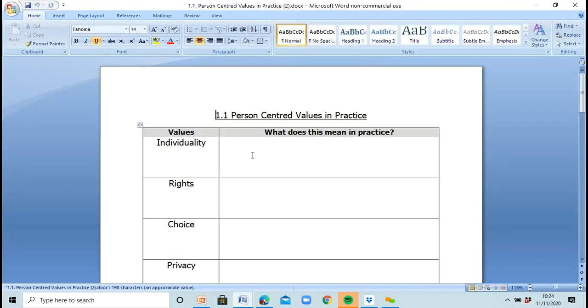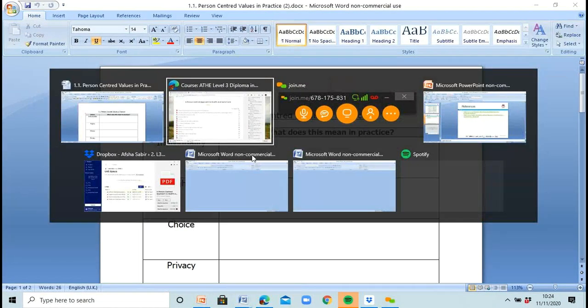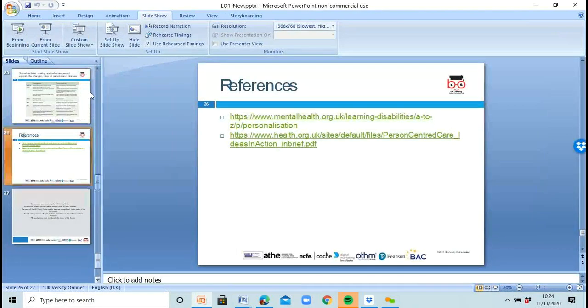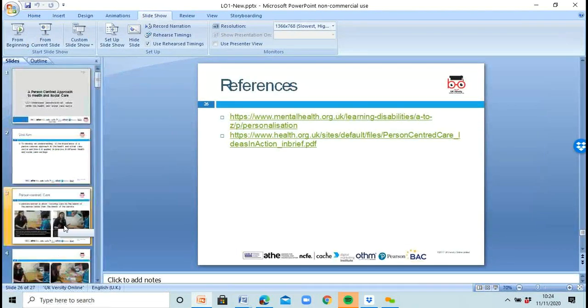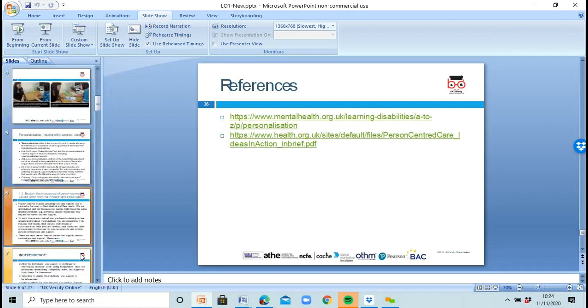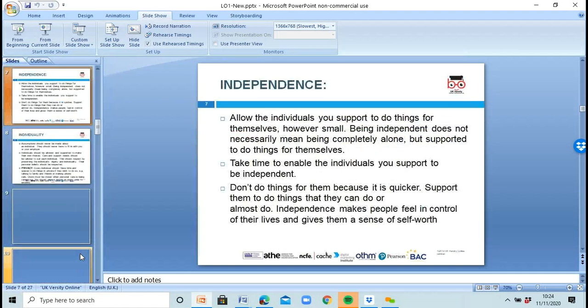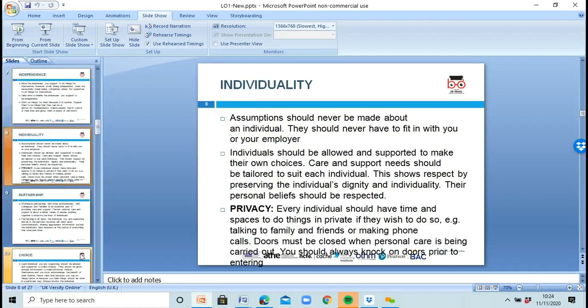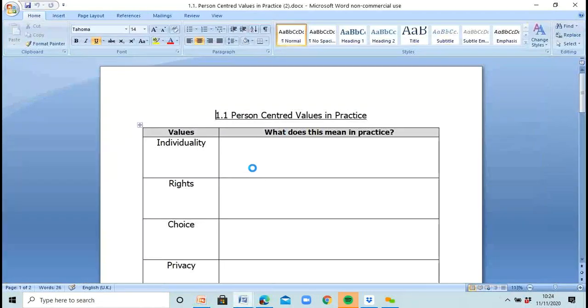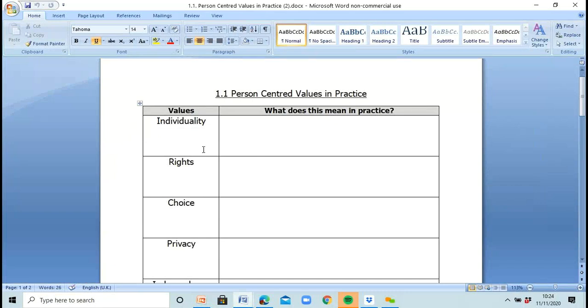On here, if you remember the slides that we've just done, this goes over 1.1. We went over points like independence, individuality, partnership. So we've got here person-centered values in practice.